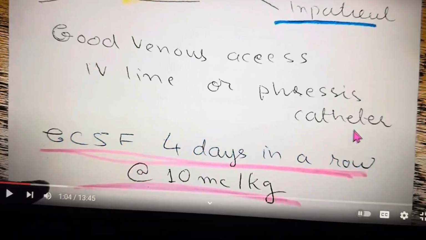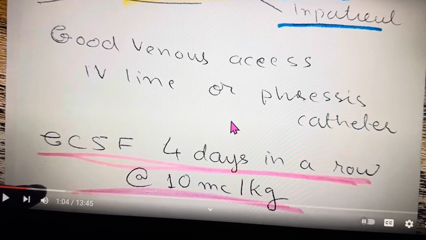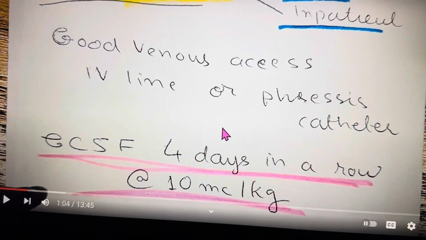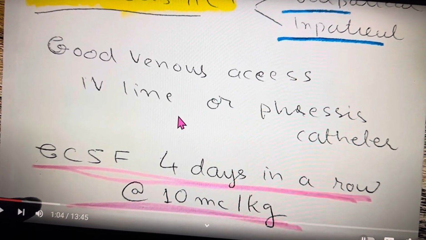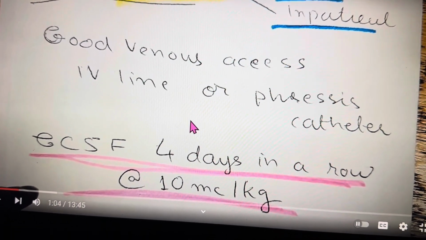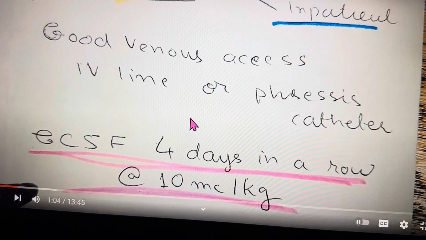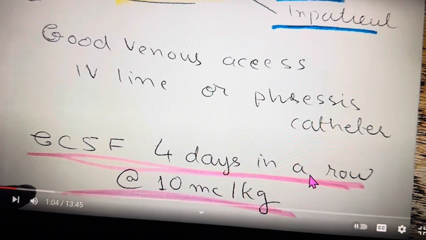Now let's try to understand what an autologous stem cell transplant is. We will often hear about autologous. So how is it done? The patient that we want to treat with gene editing or gene therapy, we give GCSF for 4 days in a row.